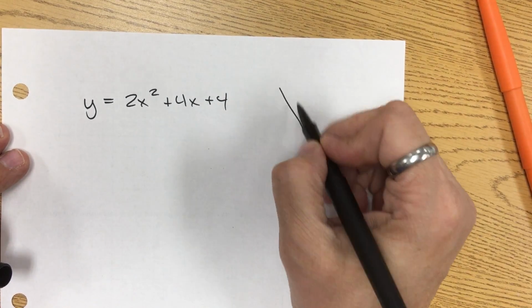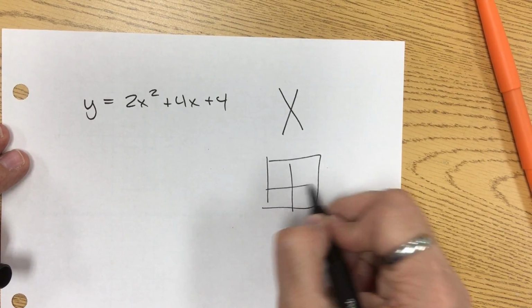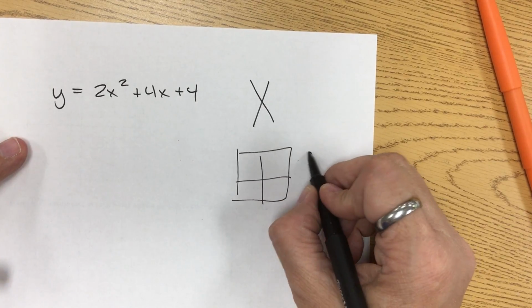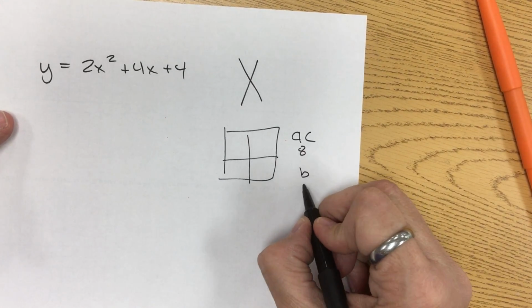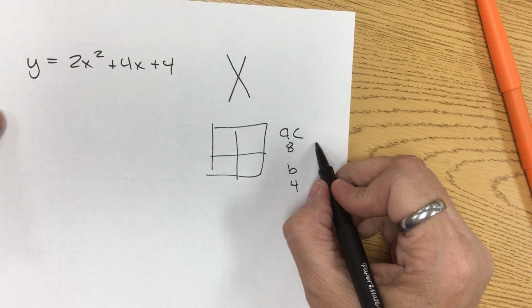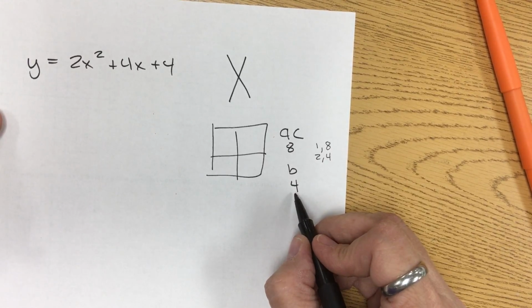So if I was going to do the x method, or the box method, or whichever form, my AC value is 8. My B value is 4. Are there any factors of 8, that would be 1 and 8, 2 and 4, that add to 4?